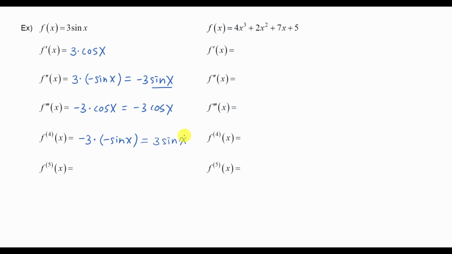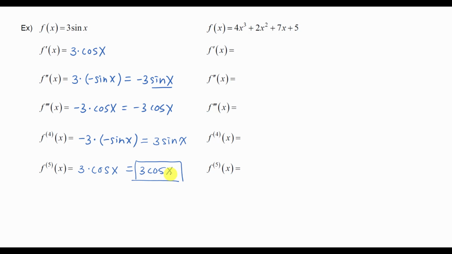So now the fifth derivative of f of x will be equal to f prime of x. So anyway, the fifth derivative of x will be 3 times the derivative of sine x, which is cosine x. So it will be 3 cosine x. So you notice for this function, I could go like this forever. Let's do the next one though.